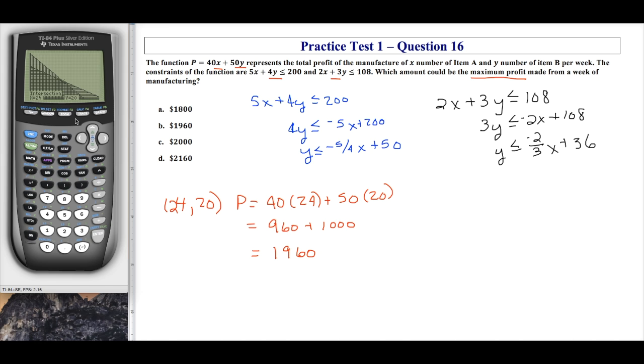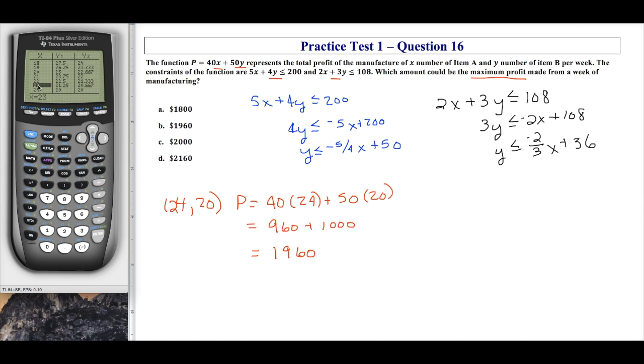So hit Second, Table. Arrow down to x is equal to 24. And notice that when x is 24, y in both cases is 20. So to get a higher value for y, we need to get a lower value for x.